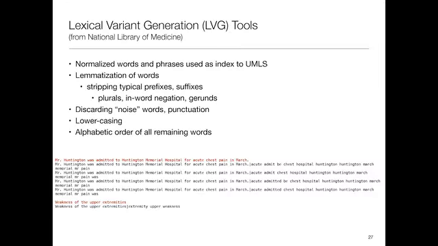And then there's the normalization function that takes some statement like "Mr. Huntington was admitted, blah, blah, blah," and normalizes it into lowercase alphabetized versions of the text, where things are translated into other potential linguistic meanings of that text.